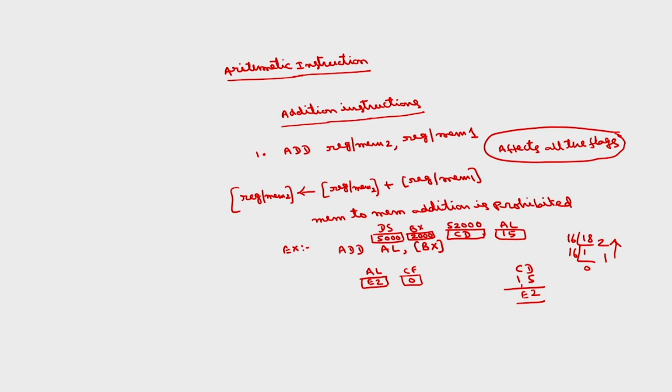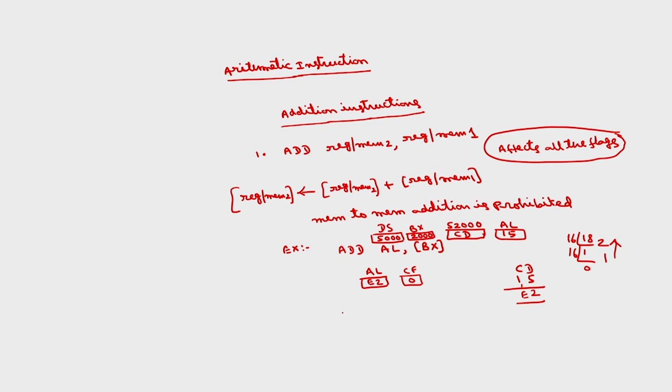Similarly, if you have a 16-bit register, it will take from 2 consecutive locations. The lower order will be added with the first location, higher order will be added with the second location. Similarly, you can have memory on this side and register on this side, the same thing, but the result will be stored in memory. Now, the result is stored in AL.